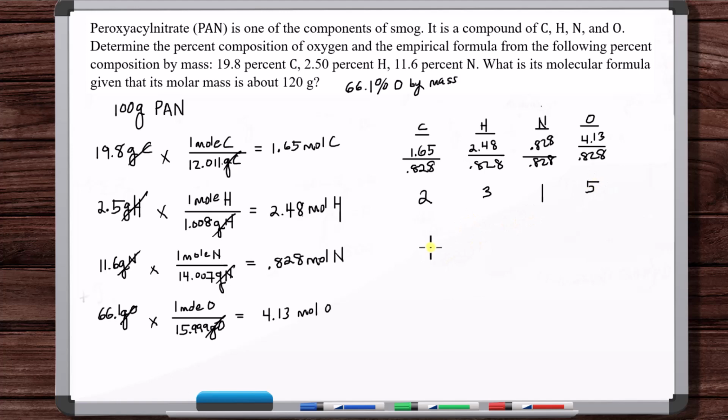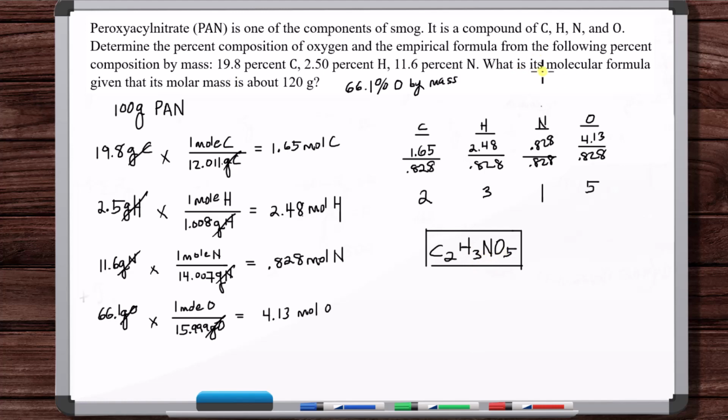So what this tells us is we can write out our empirical formula: C2H3NO5. Great. Now, again, this doesn't tell us that a molecule of PAN is this. We just know this is the empirical formula. We know that this PAN is 2 parts carbon to 3 parts hydrogen to 1 part nitrogen to 5 parts oxygen.